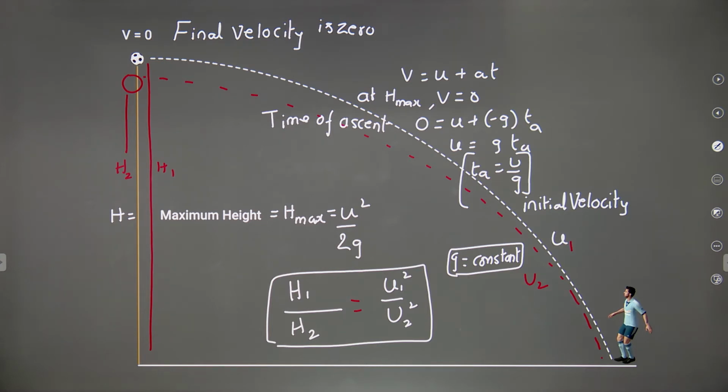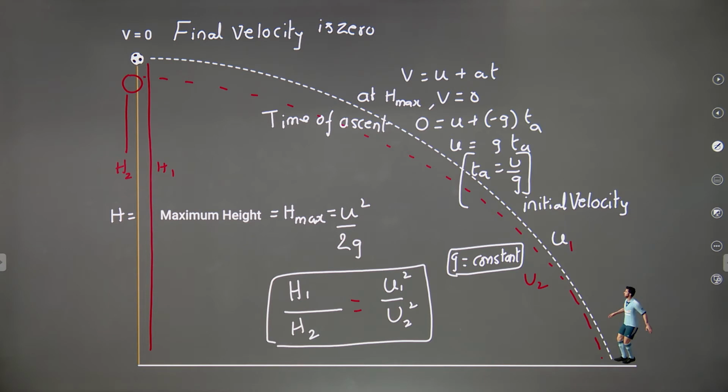At that point you have to consider it has reached the maximum height. From the ground, the vertical displacement is the maximum height. You have obtained that expression, H maximum is equal to U square by 2G. So everybody has to identify this.